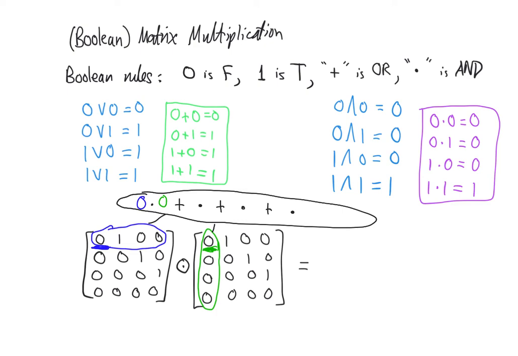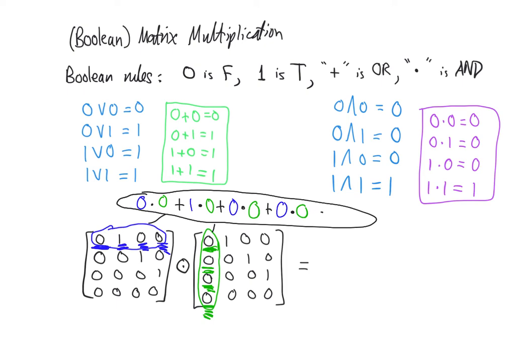Next, we have the second element of that first row times the second element in that first column. So it'll be 1 times 0 this time. Then we have 0, the third element in that circled row, times 0, the third element in that first column. And finally, we have 0 times 0.